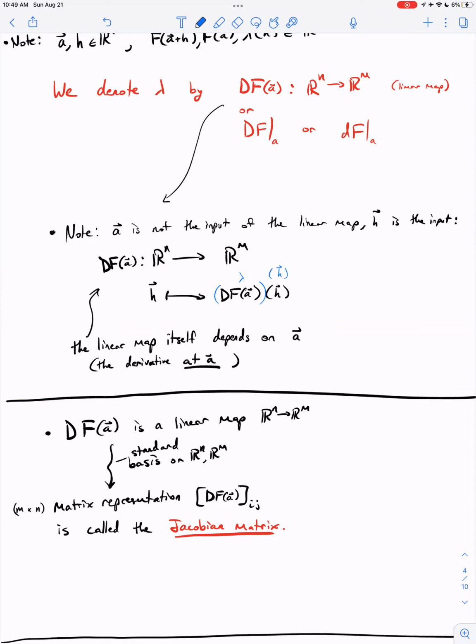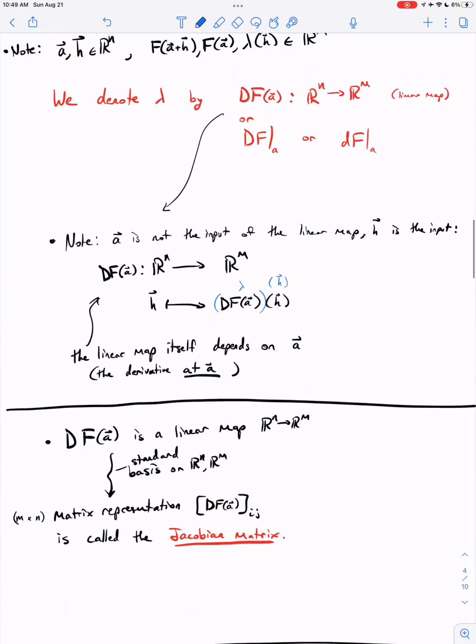Maybe this is something familiar, or at least the name is familiar. It's just the matrix that represents the derivatives. Any questions so far?